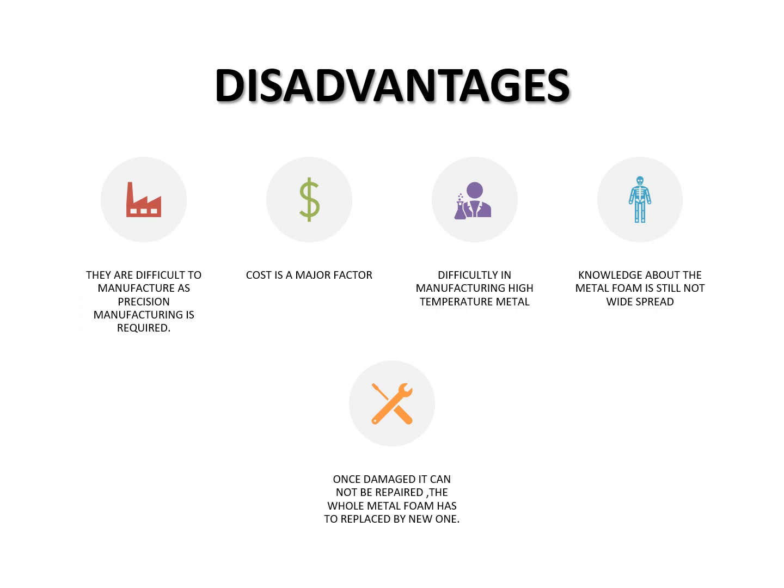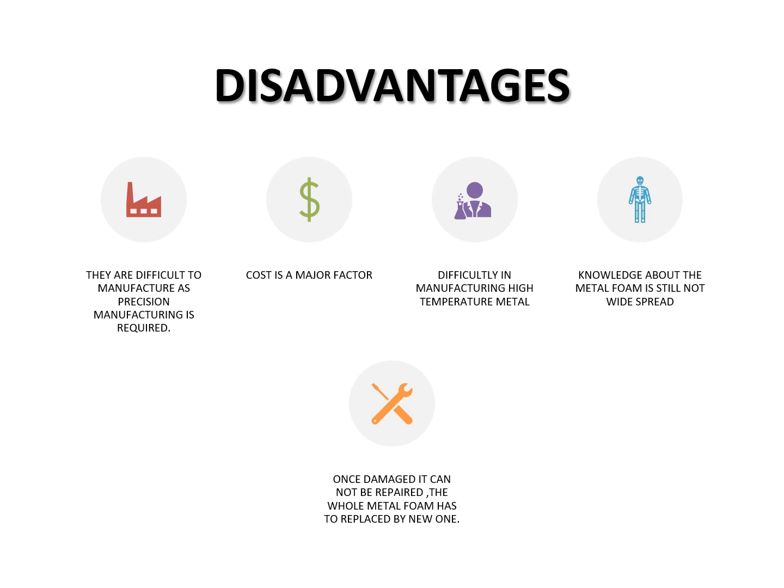Now moving on to the disadvantages of foam metals. They are difficult to manufacture as precision of manufacturing is required. Cost is a major factor in foam metals, as it is the biggest problem and the biggest disadvantage of foam metals.